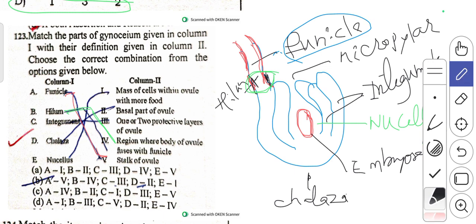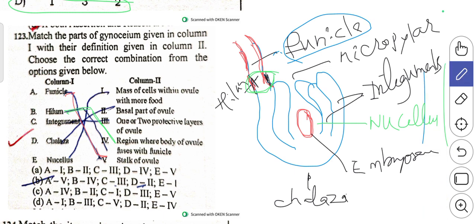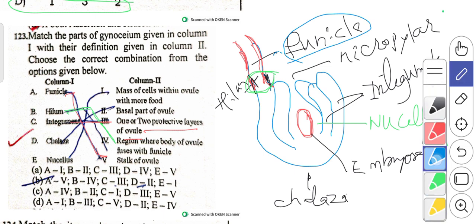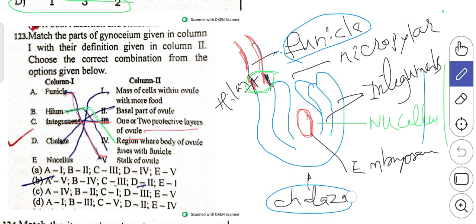Then integument. So what are these integuments? These integuments are the protective layers, one or two protective layers of the ovule. So the third one is the right answer. Then chalaza. This chalaza is the basal part of the ovule.